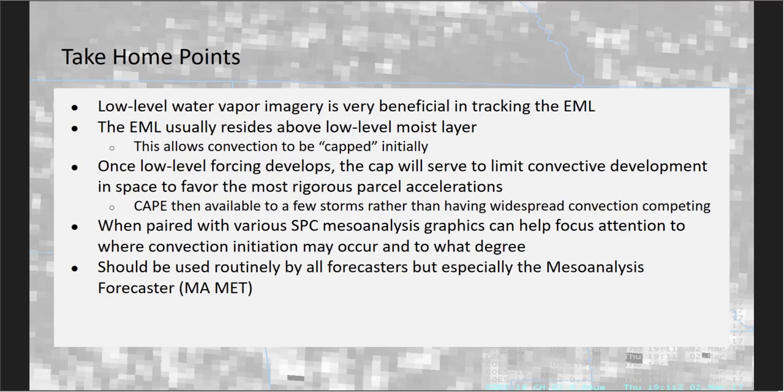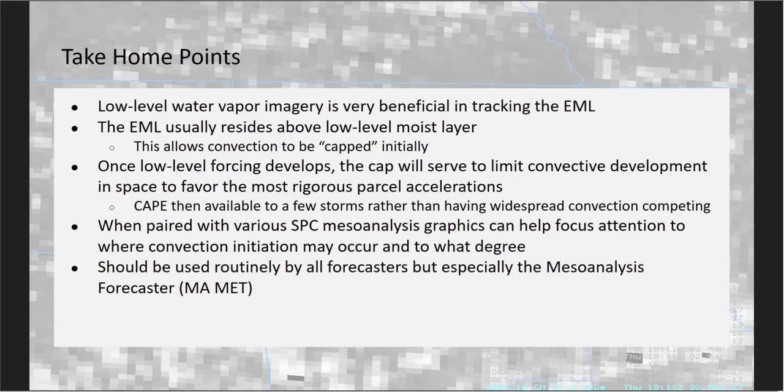So when you get CAPE available to only a few storms, it tends to make them a little bit more intense for those that can realize that CAPE. When you pair the low-level water vapor imagery with the SPC mesoanalysis graphics, it can really help to focus your attention to where convective initiation will occur, and then to what degree as well.